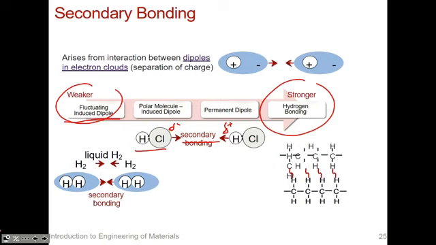Yes? What's the difference between molecule-induced dipole and permanent dipole? So water has a permanent dipole, right? The H2O that you saw in the previous example has a permanent dipole. So a polar molecule like HCl can have an induced dipole like this.